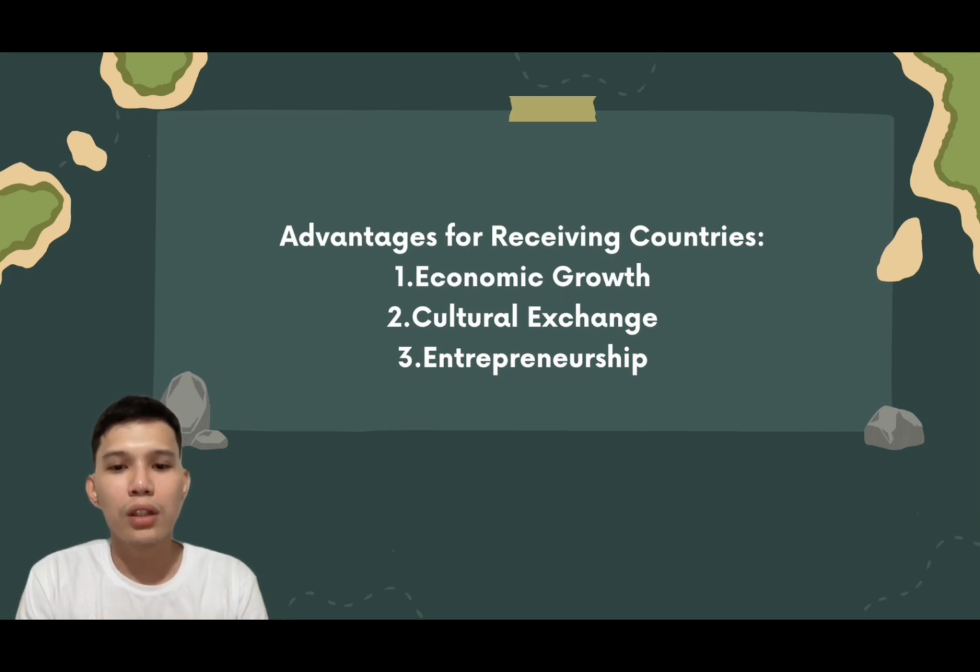This cultural exchange can lead to a more vibrant and cosmopolitan society. Next is entrepreneurship. Many immigrants start businesses and create jobs, stimulating economic growth. They often contribute to entrepreneurship and innovation, making receiving countries more competitive.